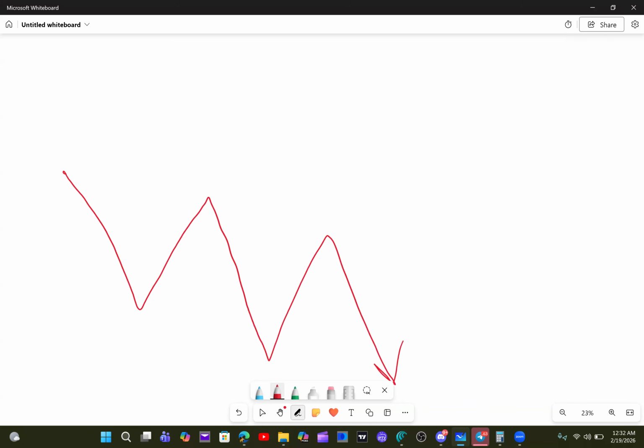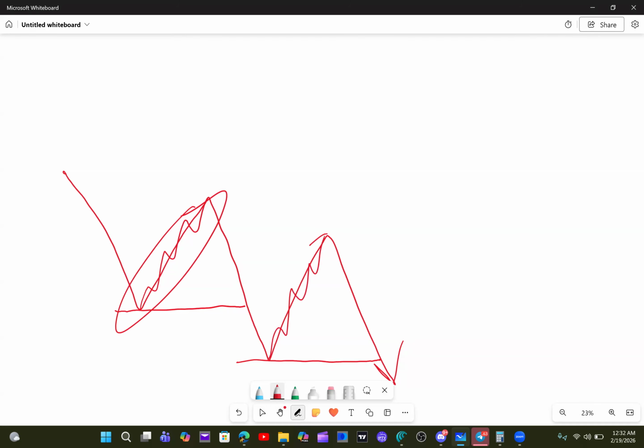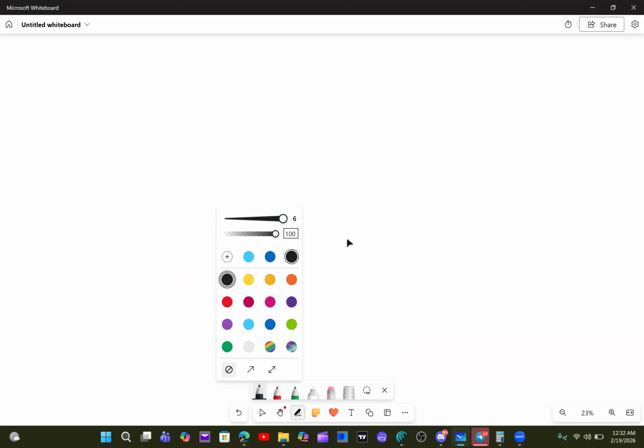So now that you have a basic concept of market structure, understand these pullbacks, these pullbacks, these pullbacks, this. You think they pull back to a random area? No, they don't. Watch this. I'm gonna show y'all how I have become such a profitable trader.